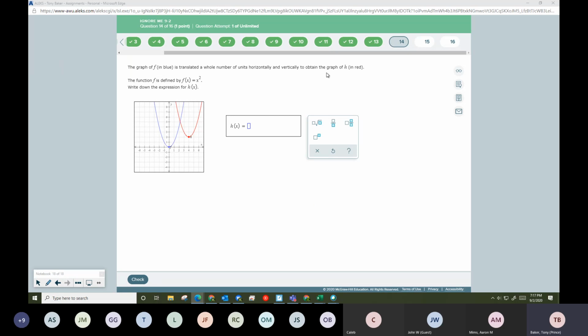All right, so this topic's asking you to write the equation based on what they gave you with the transformations. So they're going to always start you off with the equation. So they gave you f of x equals x squared. I'm always going to rewrite this with parentheses around the x.